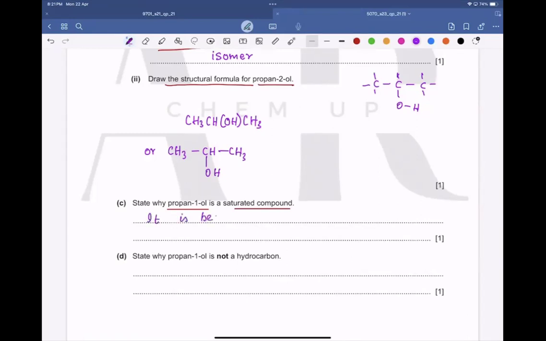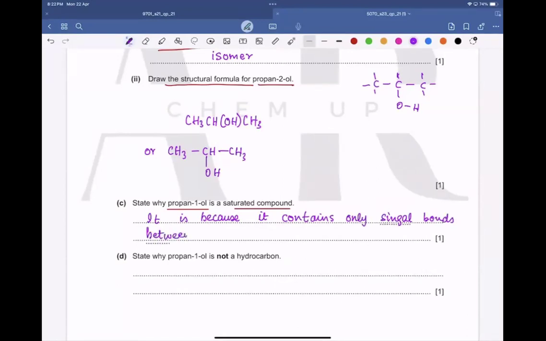It is because, yes, Mustafa, it contains, very good, Shayan, very good, Hania. But Hania, your answer is relatively incomplete. So it is because it contains only single bonds between carbon atoms.